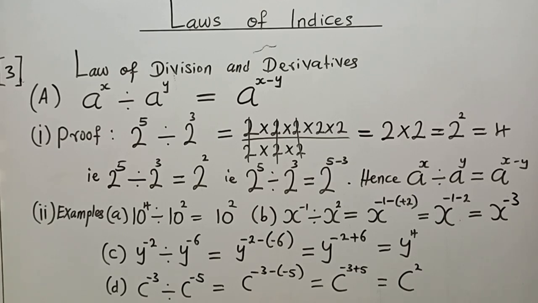All right, example C goes this way: y to the power minus 2 divided by y to the power minus 6. What happened here is going to happen here again. This a is our y, this x is our minus 2, this y is our minus 6. So x is already minus, y is also already minus.